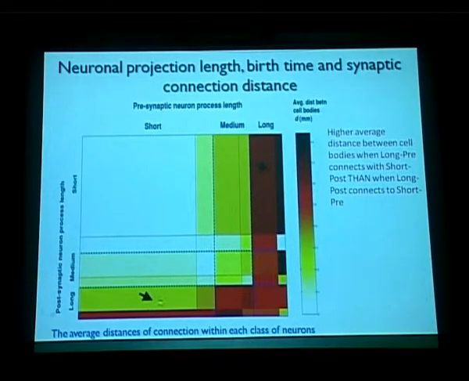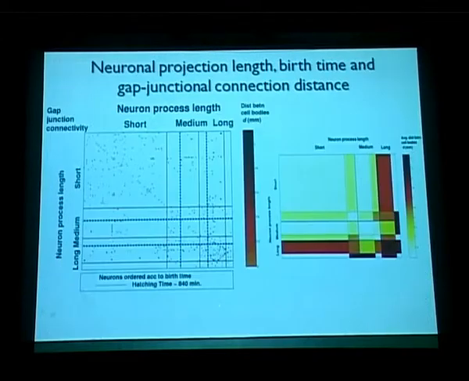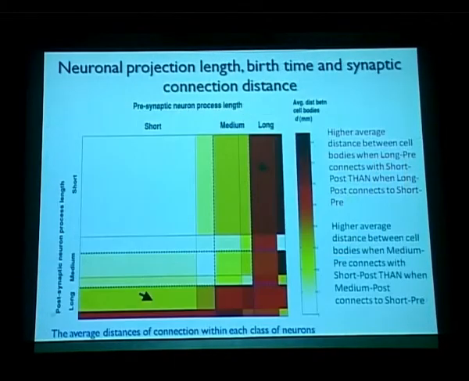This is also true for medium neurons connecting with short process postsynaptic neurons. So this gives an idea of what the average cell distance is between the different classes of these neuronal divisions.